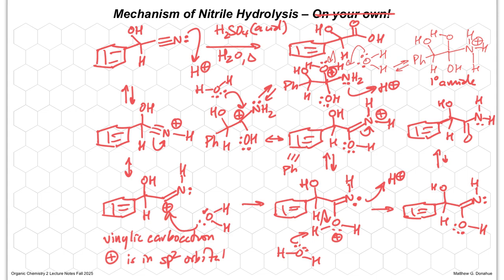So what that allows us to do is either one of these remaining OH groups can reform a carbonyl and then eliminate NH3 as a leaving group.